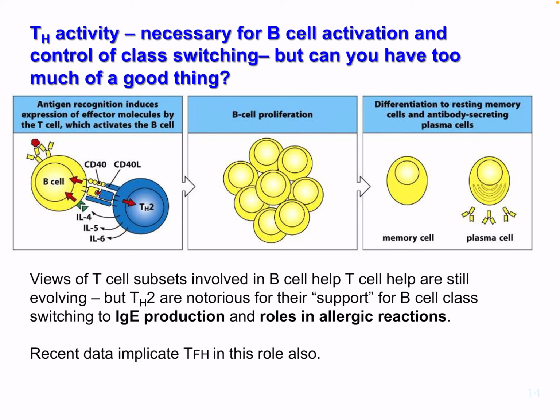So here's a view of T cell subsets involved in B cell help. T cell help is still evolving, but Th2 cells are notorious for their support of B cell class switching to IgE production and roles in allergic reactions. So in certain scenarios, it's not always a good thing. These Th2 responses can cause an overwhelming switch of antibodies, so we have an overpowered amount of IgE, which is really common in allergic reactions.